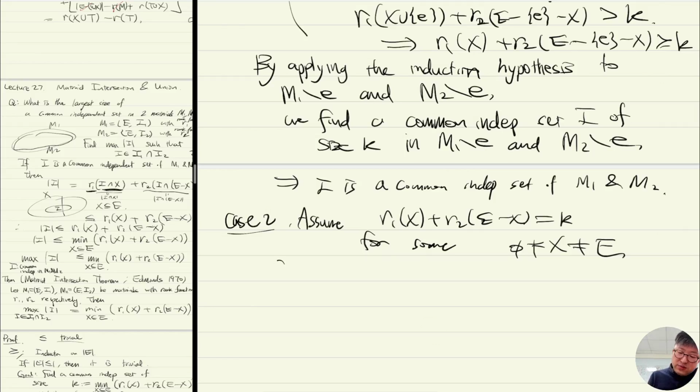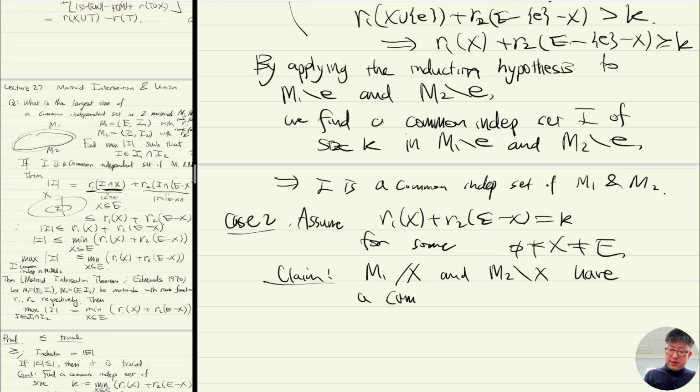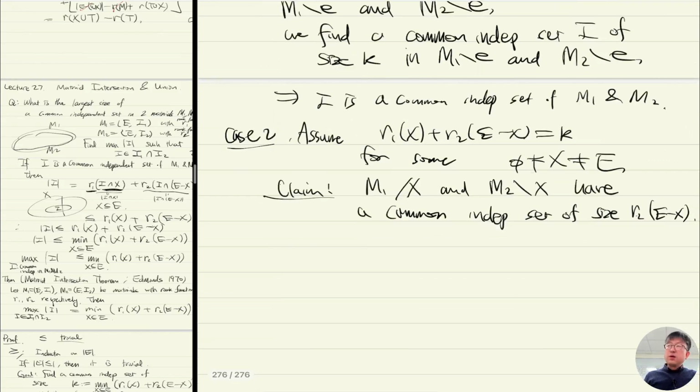So the claim: we claim that M1 contract X and M2 delete X have a common independent set of size R2 of E minus X. Why?